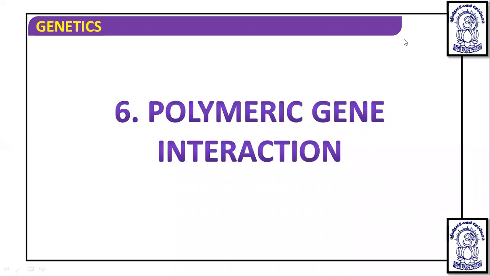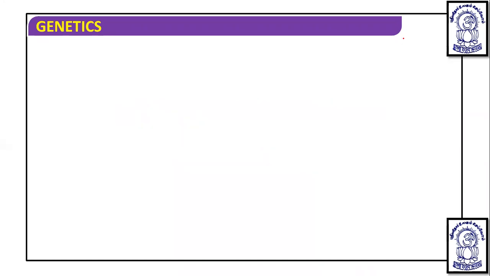So let's talk about another gene interaction, that is polymeric gene interaction. We will understand what polymeric means by taking an example. The example we are taking to understand this is the fruit shape in cucurbits.